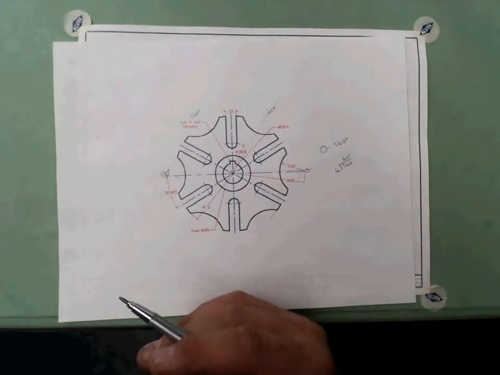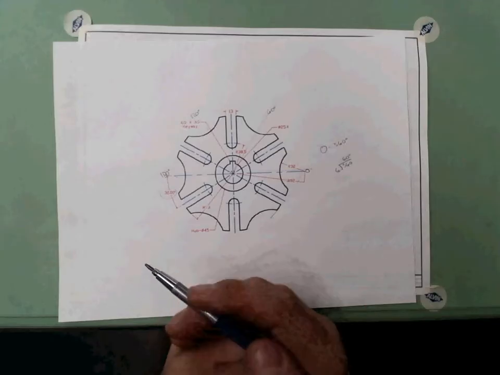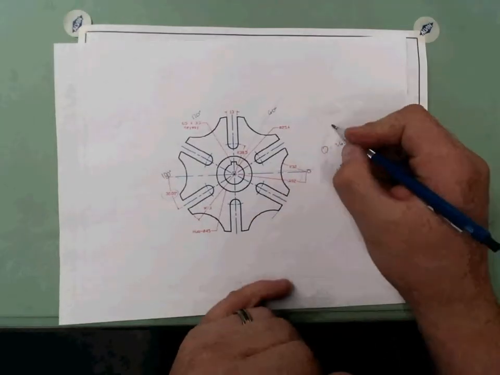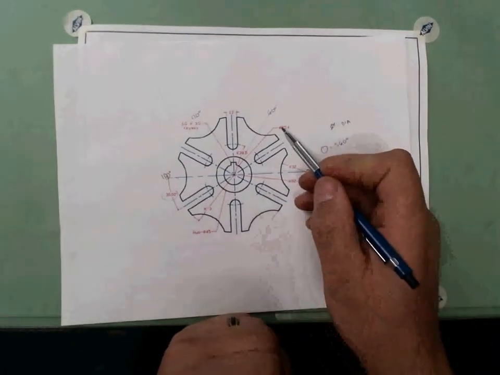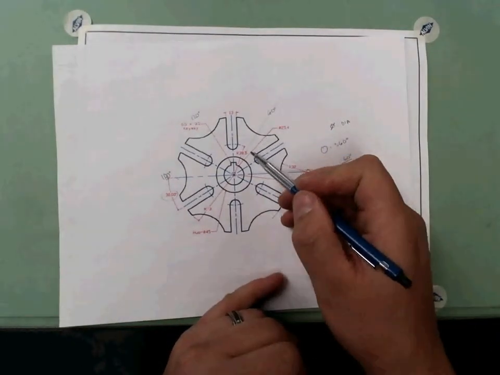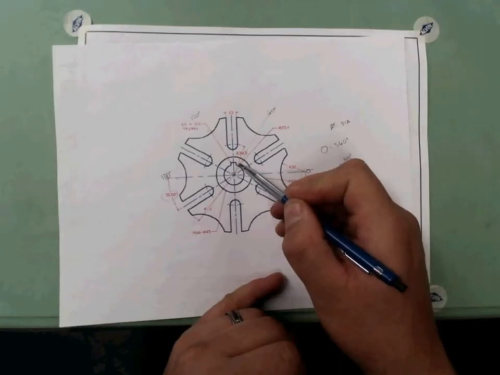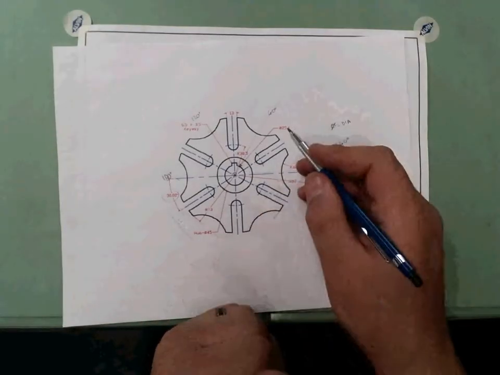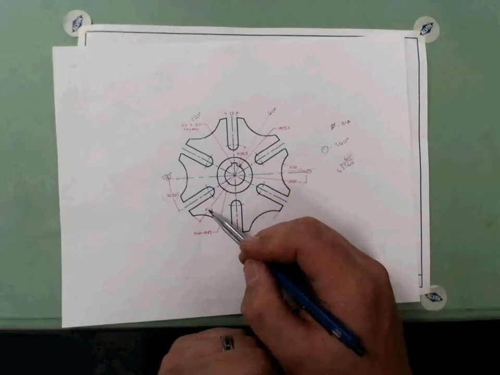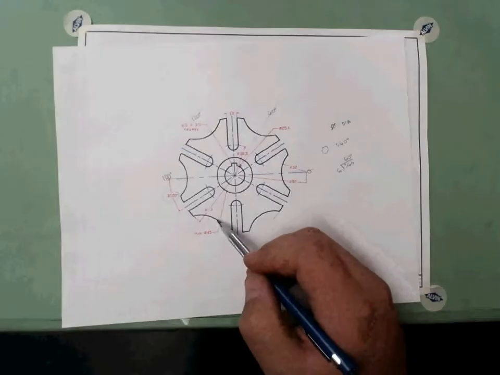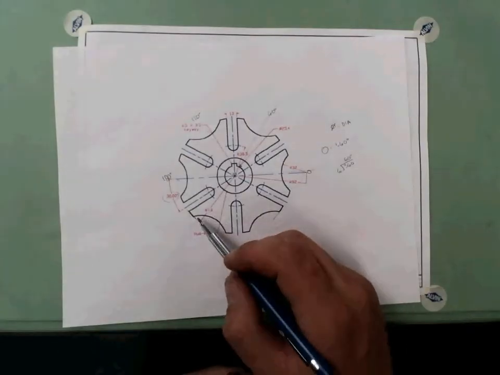Alright, some more things we need to go over. We all know what this symbol represents. It represents the diameter. So, you got to look at these lines because they'll have arrows on the front of them, and that represents what circle they're talking about. So this circle here is 25.4 diameter. My openings are 13.